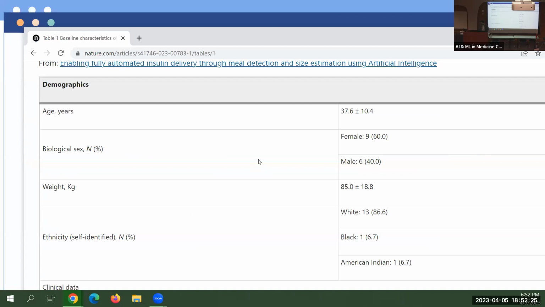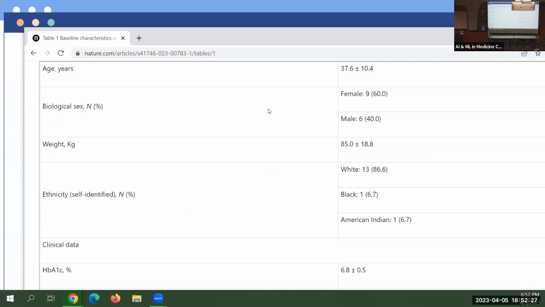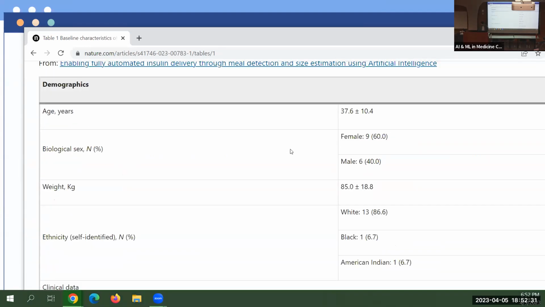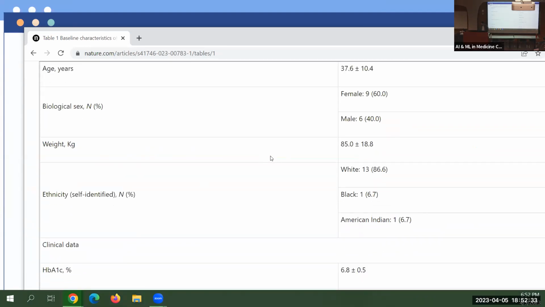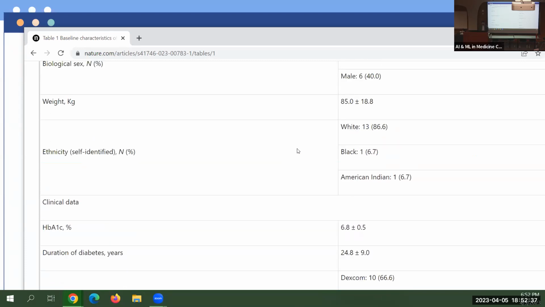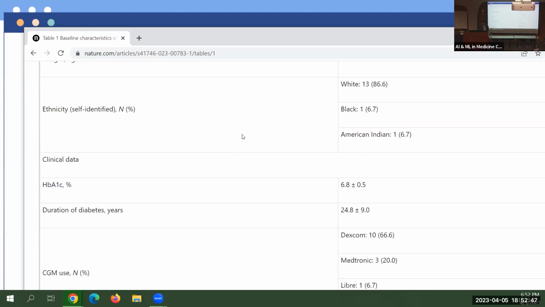So yeah, they talk about the age, biological sex. They don't talk about gender, I don't think. No. They talk about weight, ethnicity. And I mean, it's also an American study. So obviously they just think the only ethnicities out there are apparently white, black, and American Indian somehow.